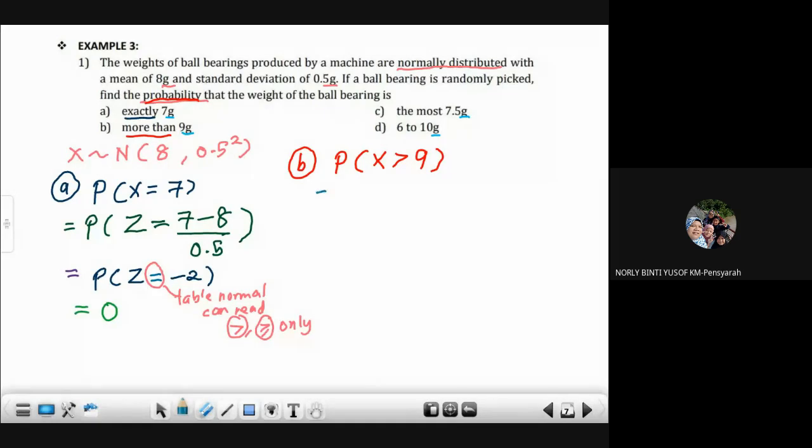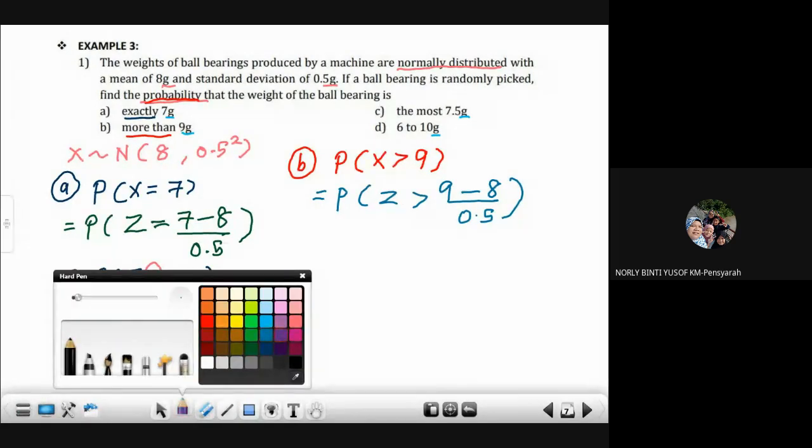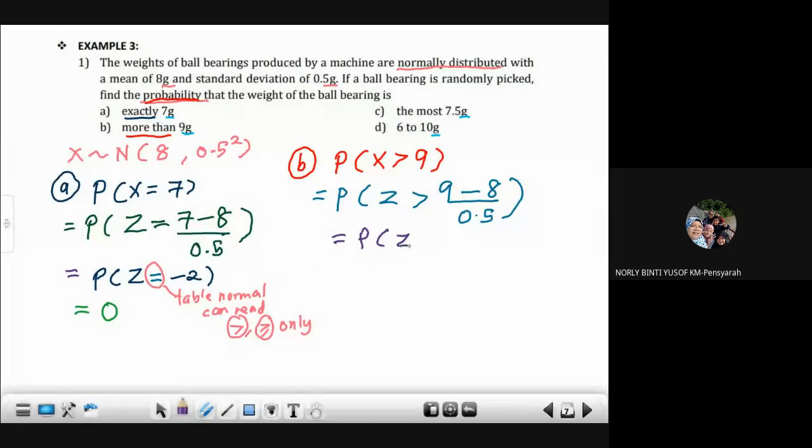Then barulah you standardize step working, tukar jadi score Z, 9 minus 8 over 0.5. Then you simplify, you akan dapat Z greater than 2.